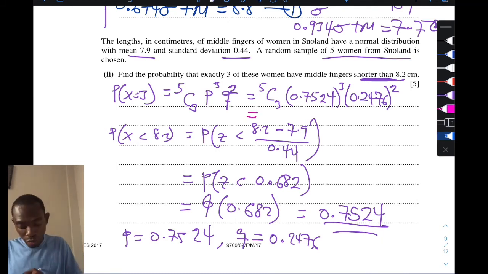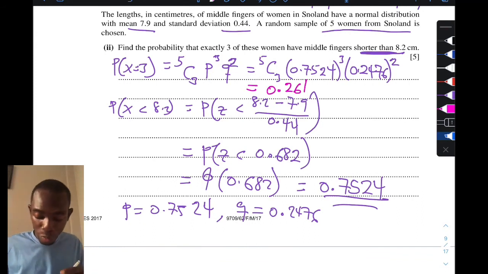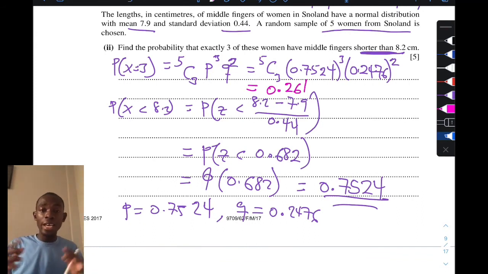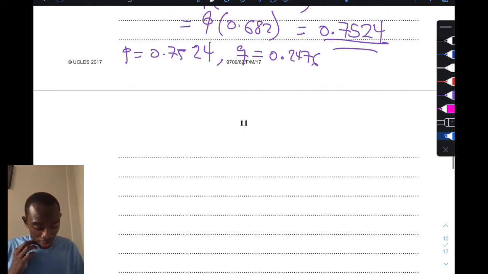Okay, so let's put the whole thing on the calculator. 5 combination 3 times 0.7524 to the power 3, times 0.2476 to the power 2. Great, and there is 0.261. Okay, so that's the answer. The probability that exactly 3 women have middle finger shorter than 8.2 centimeters is actually 0.261. Fantastic.